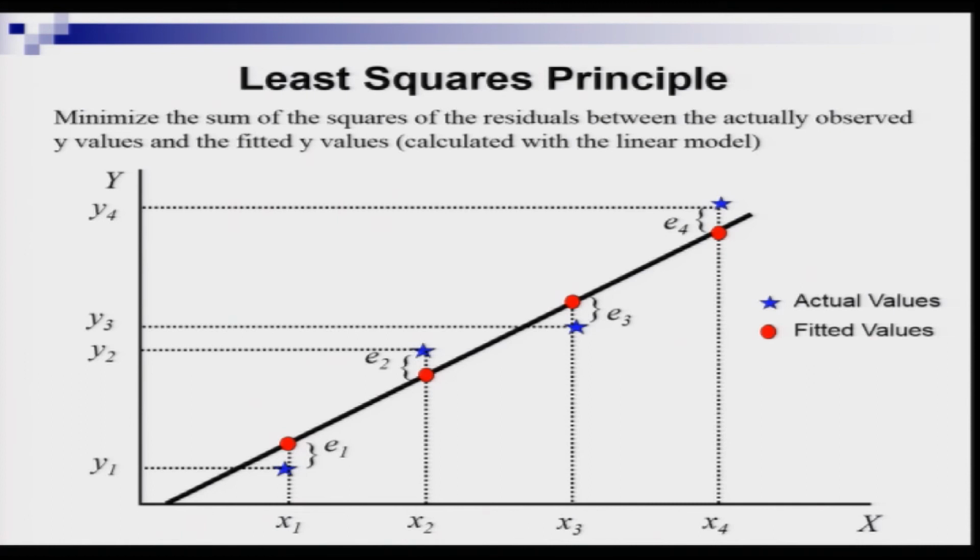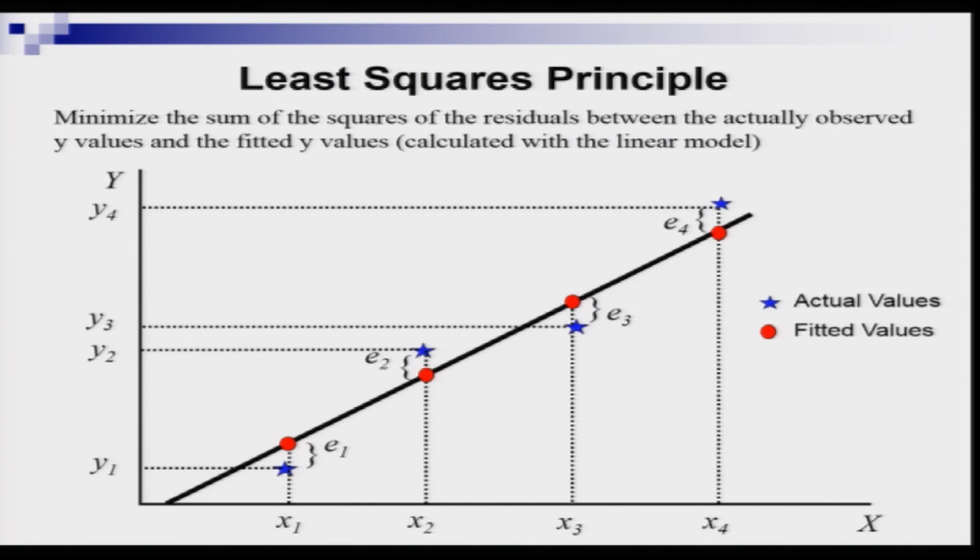So here you see many straight lines are possible which you can draw that will pass through the scatter of 4 asterisk points. Now which one to choose? Suppose you choose one particular straight line and that is shown here, and then that will give you some values for the intercept parameter and the slope parameter, right.